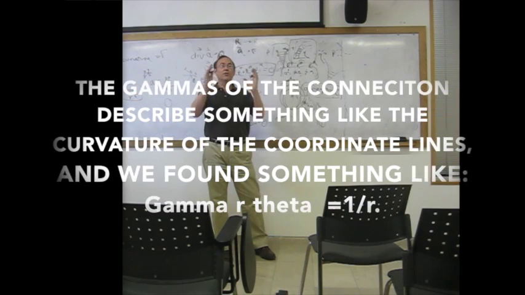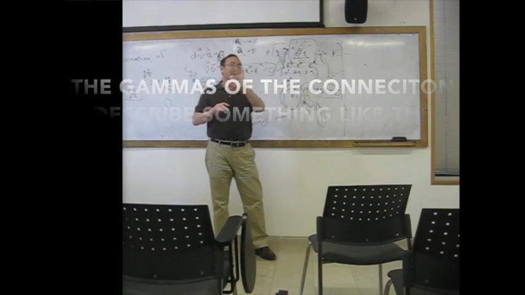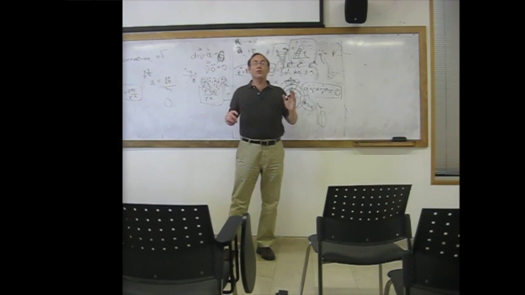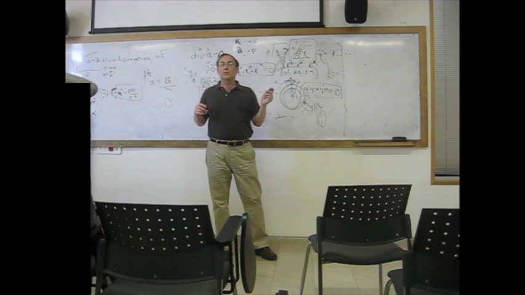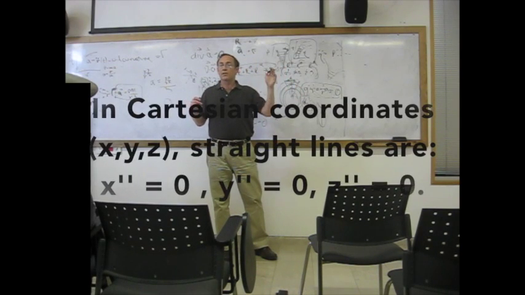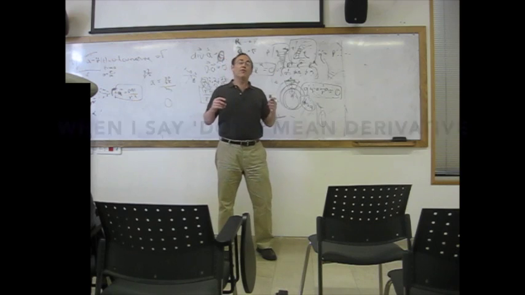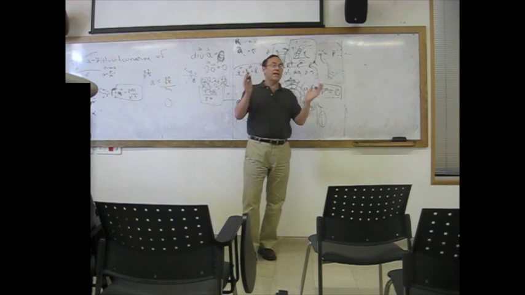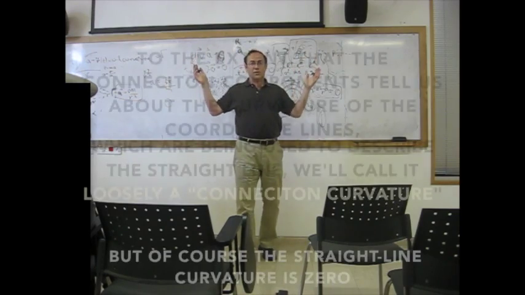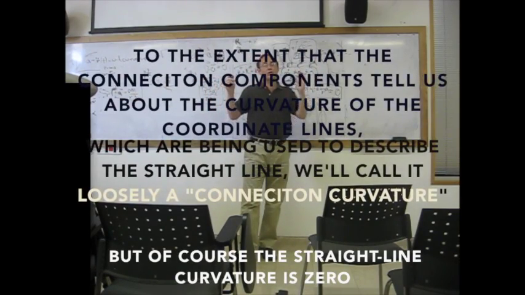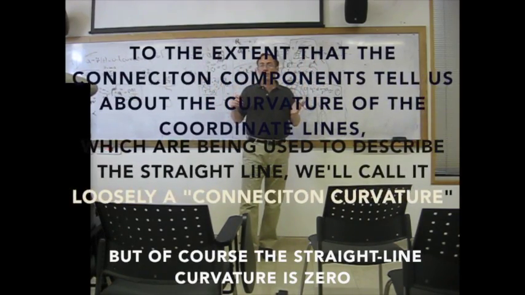If you have curvilinear coordinate lines in a flat space on a flat surface, you know that your geodesic equation, for example, is going to look funny. It's going to have sine thetas and r's in there and so on, even though it's a straight line. If you use Cartesian coordinates, it will simply be x double dot equals 0, or y double dot equals 0, z double dot equals 0. If you're going to use r theta phi on a flat surface in a flat space, you're going to get r sine thetas and so on popping in there. All right, because your coordinate lines are curved.